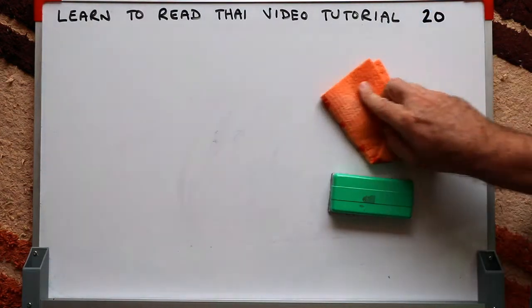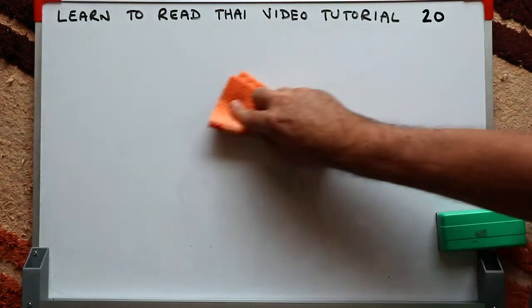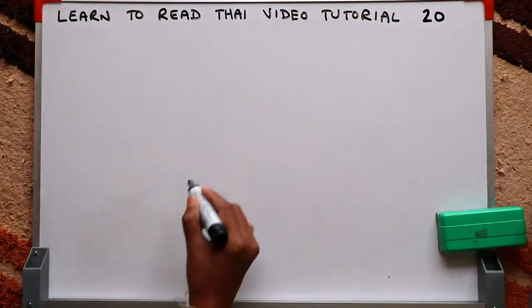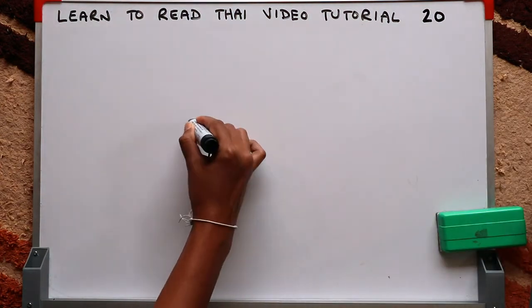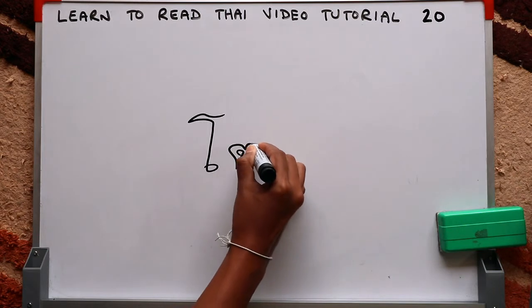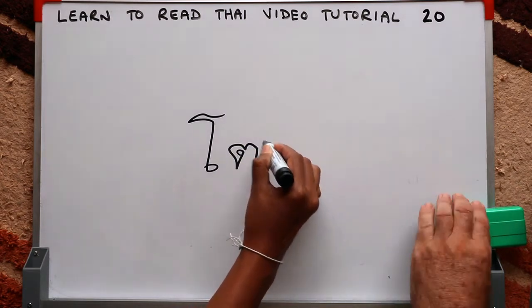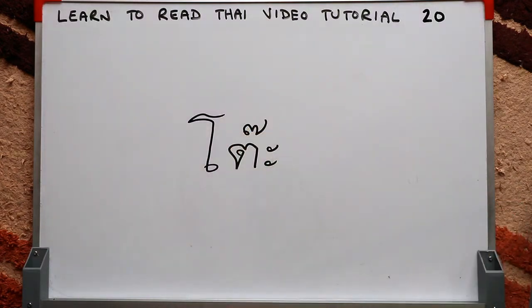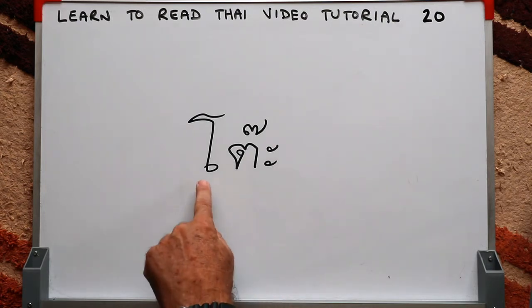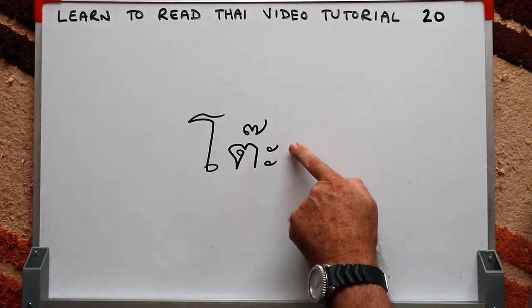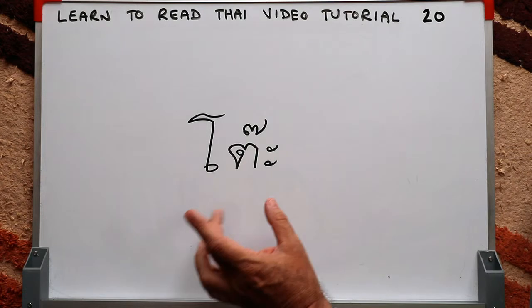Okay, and just one more word to demonstrate the shortened version of that vowel. Clean my board a bit. Gets rather dirty. So here we have the Sara O, but we also have the short A. So this makes a vowel combination.